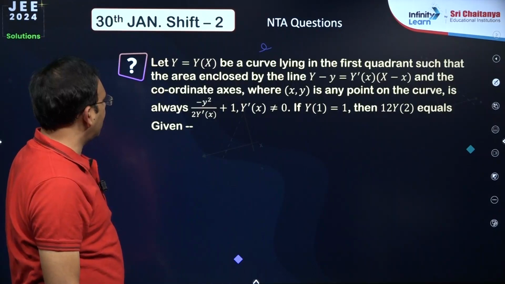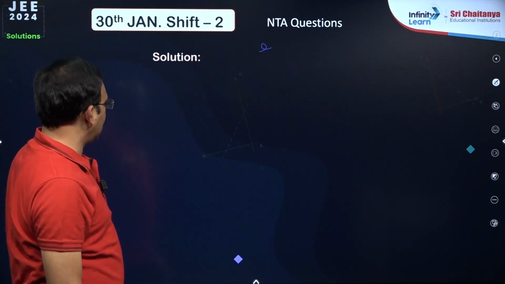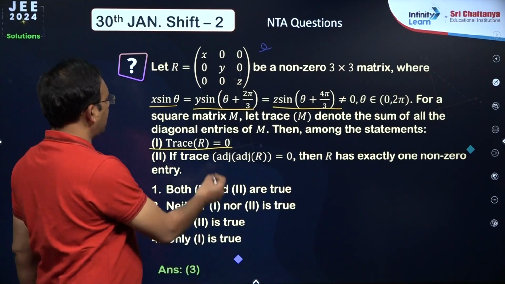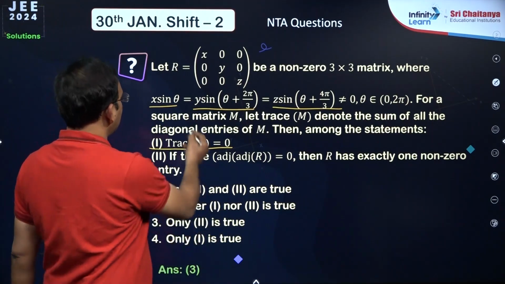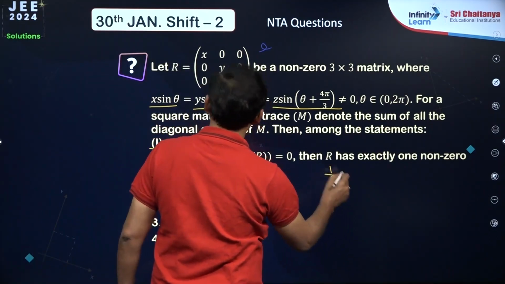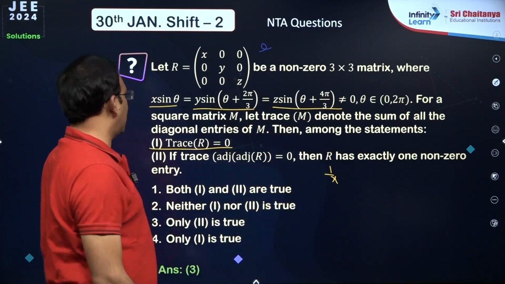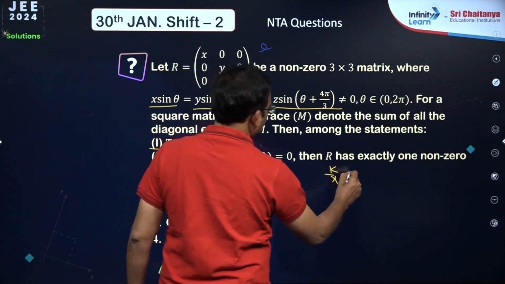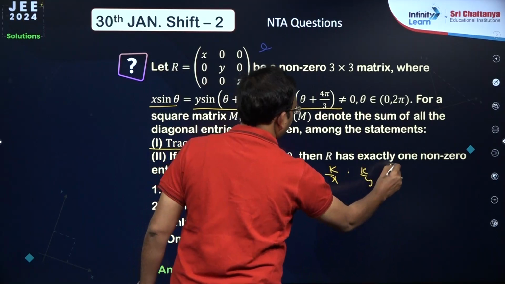Now you see, my dear friends, in this particular question, the first statement: if you take sin theta times x is equal to, suppose, k, you can take k by x, k by y, k by z.